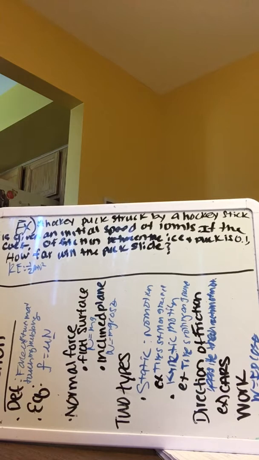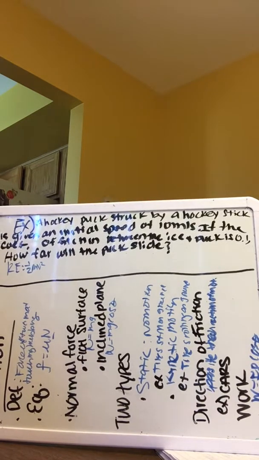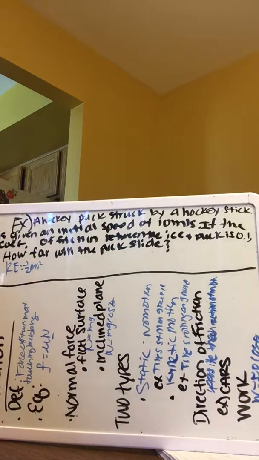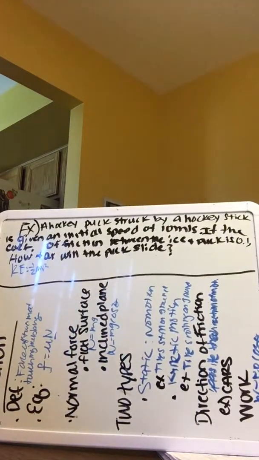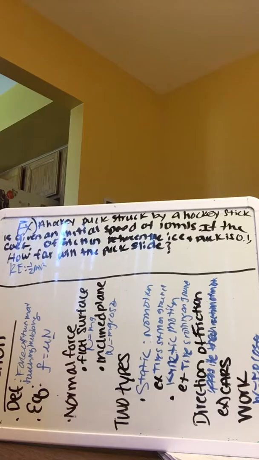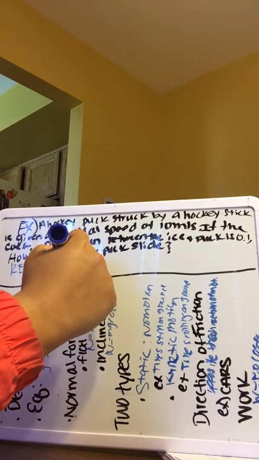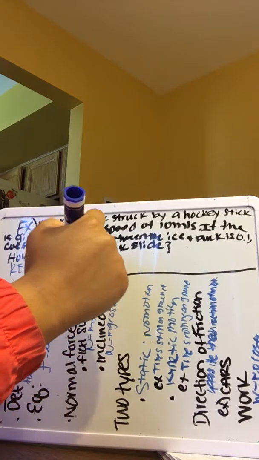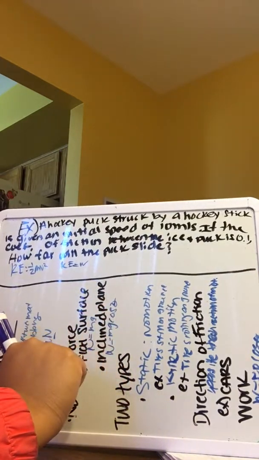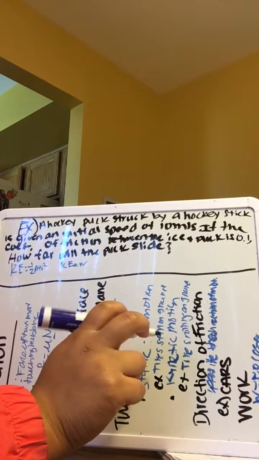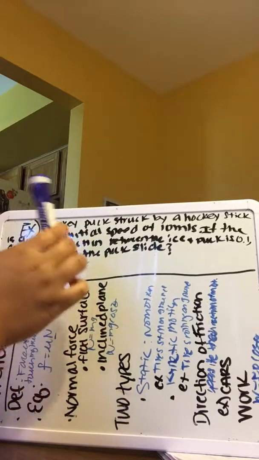And remember I said that work changes kinetic energy into heat. So all of these values are equal because energy is conserved, right? So basically, we can set kinetic energy equal to work to find the distance, which is what we're trying to look for.